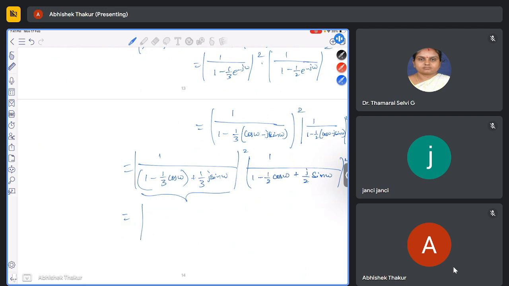Like this we can write it as 3 by 3 minus cos omega plus j sin omega, and here 2 by 2 minus cos omega plus j sin omega. Now multiply with 3 minus cos omega minus j sin omega.